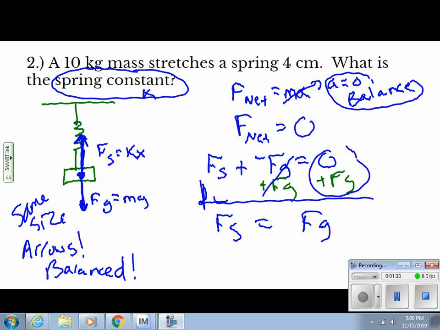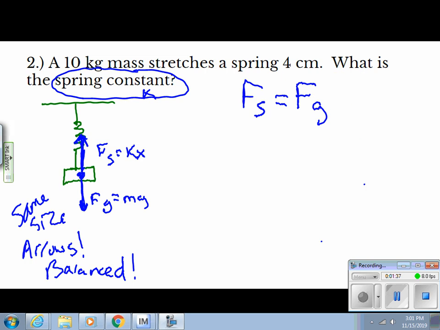Okay, now I have showed that the force of the spring equals force of gravity. I replace these variables. I say Kx equals the force of the spring, and the force of gravity is now mg.